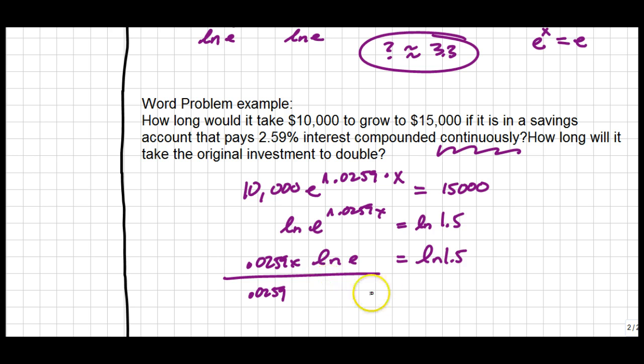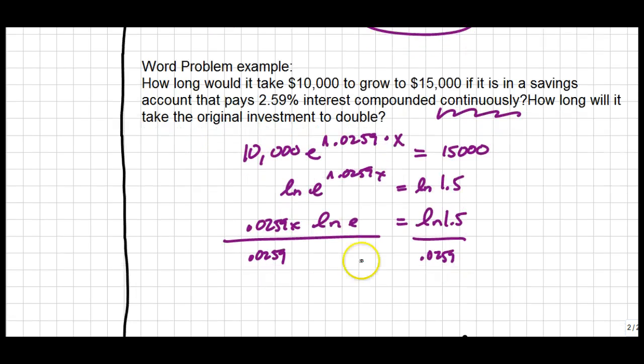I could divide by the natural log of e as well, but it's a redundant step because all that is a 1. So I'm going to take natural log of 1.5 and divide it by 0.0259. And that'll give me the missing x, or the missing time that I'm looking for. In this case I end up with 16. So it would take 16 years for it to go from $10,000 to $15,000.